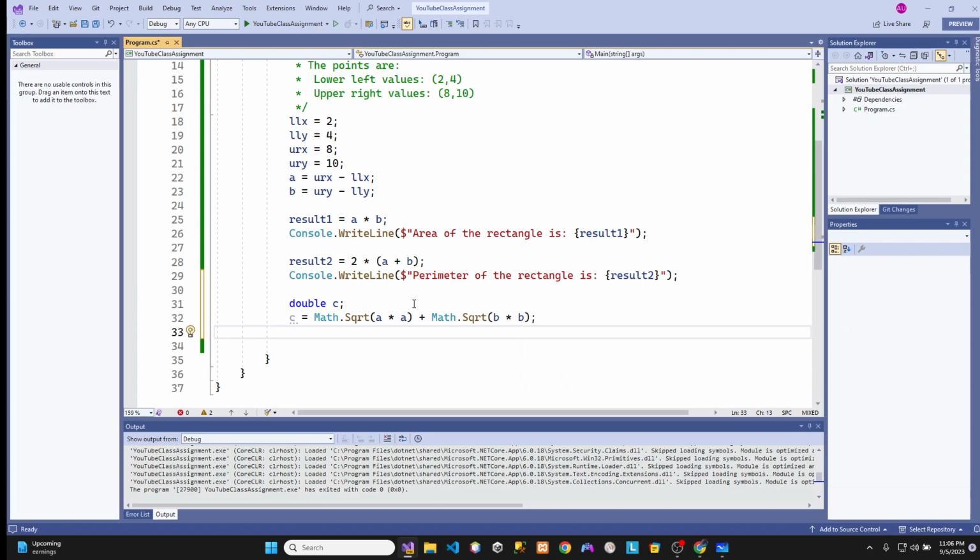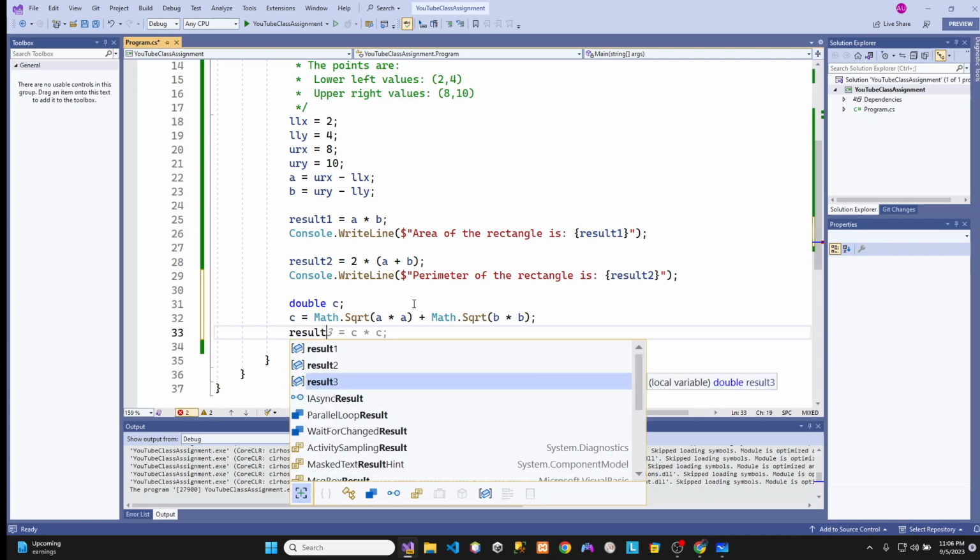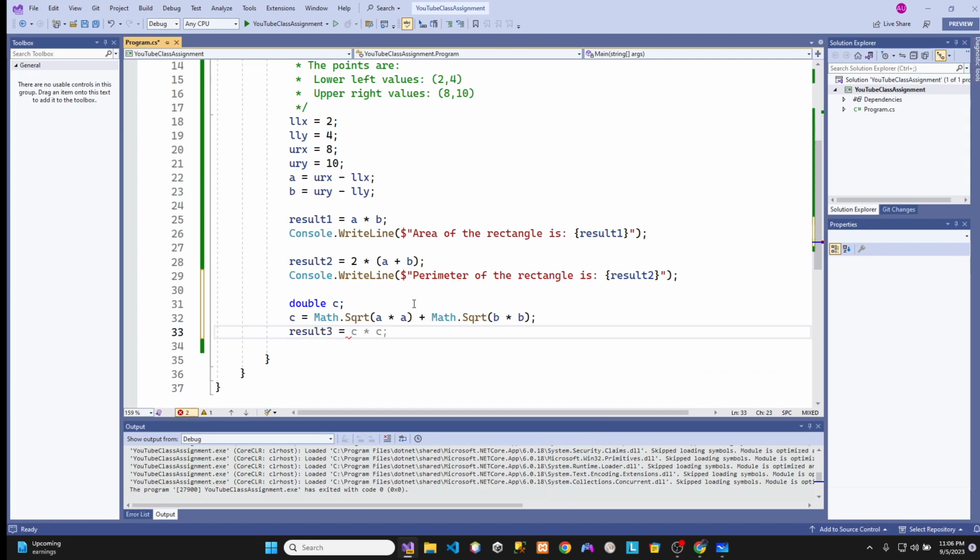And console result 3 equals C. And we will see how result 3 comes up.